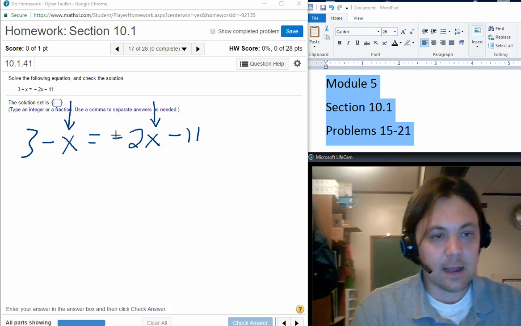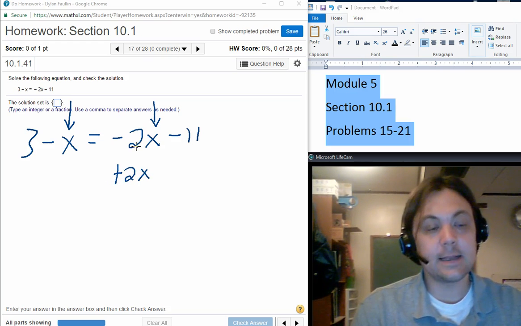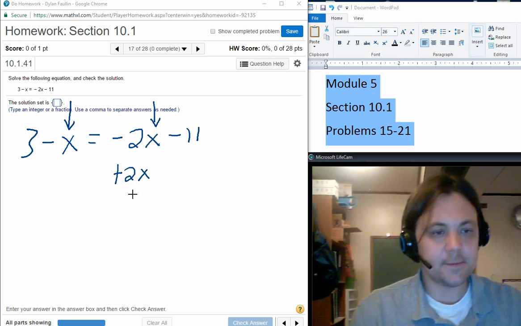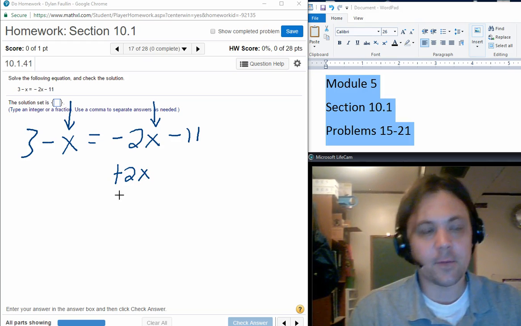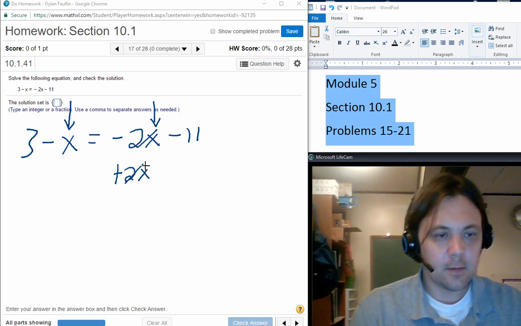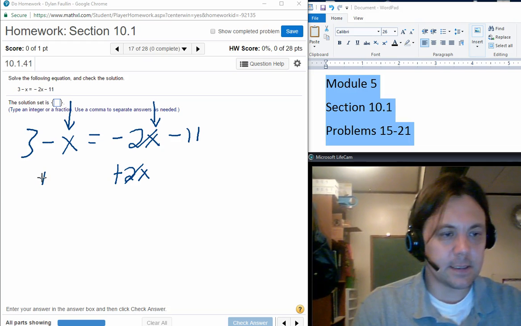I'm going to cancel out this negative 2x by adding a 2x. Right? It's negative, so to cancel it out, I need to add by a positive. And so negative 2x plus 2x cancel each other out. So x gets eliminated from the right-hand side. But if I do this to the right-hand side, I got to do the same thing to the left-hand side. So the 3 is not doing anything.